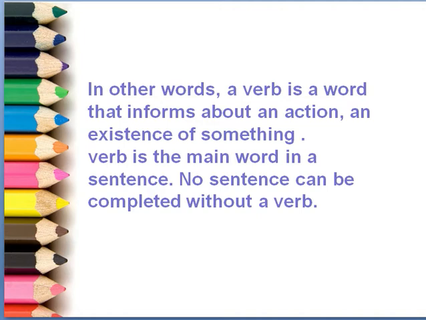In other words, a verb is a word that informs about an action or the existence of something. A verb is the main word in a sentence. No sentence can be completed without a verb.